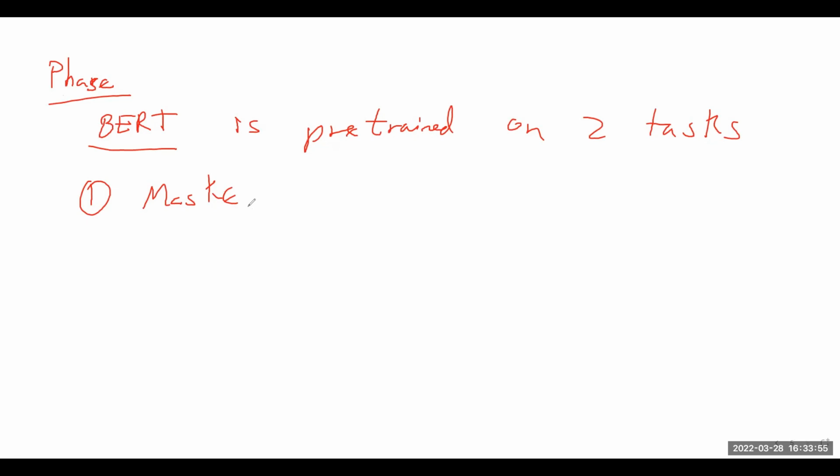One we can call the masked language model. And the other one we can call the 2-sentence classification.